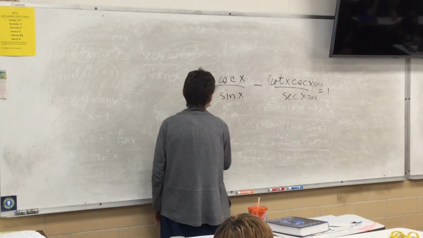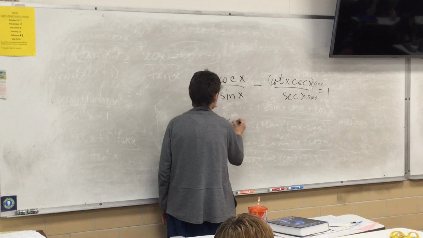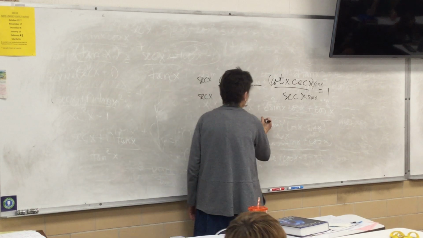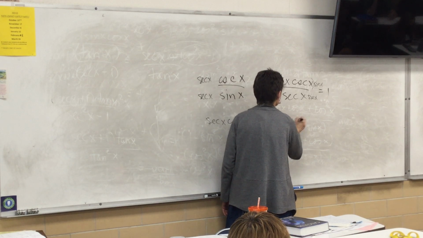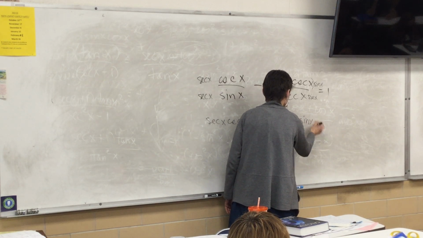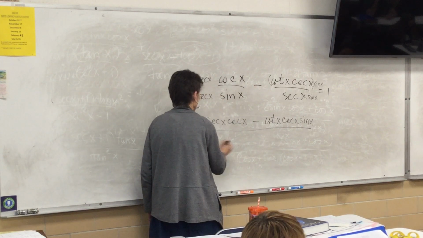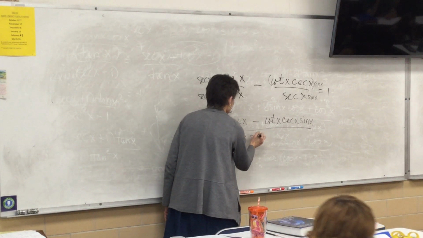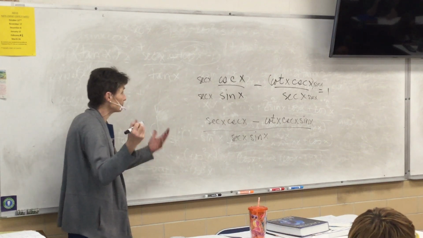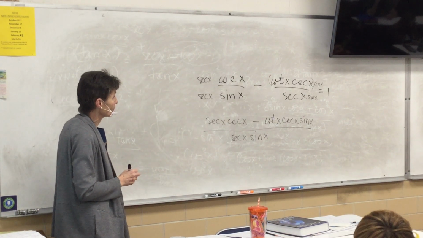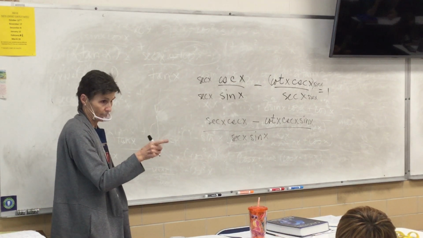So now I'm going to have secant, cosecant, minus cotangent, cosecant, sine, all over secant sine. Does that look okay if we decided that's how we wanted to start, getting a common denominator?